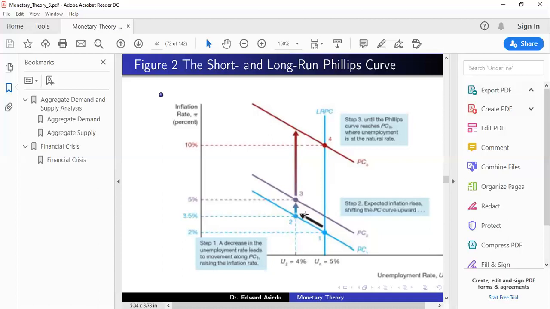If you put a policy in place that increases inflation, like a reduction in interest rate, which increases investment, increases employment, but also triggers higher inflation, in the long run this policy will still return to your long run unemployment rate, which is 5%, at a higher inflation. So there is no trade-off to say let me increase inflation so that I can get lower unemployment. You will always return to your full potential. It's a very good thing to understand this.